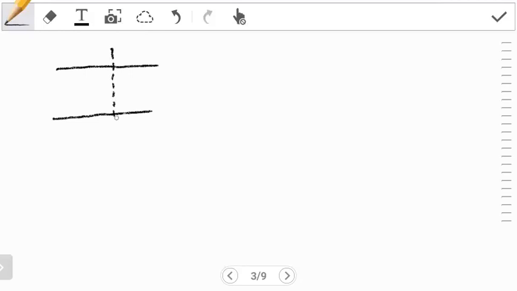I can label this point 1. I want to determine how fast a mass, let's say a mass m of the fluid, passes this point. Meaning what I want to get is the mass flow rate.